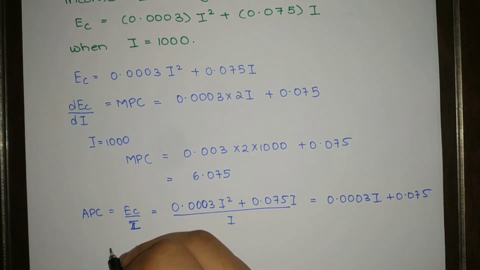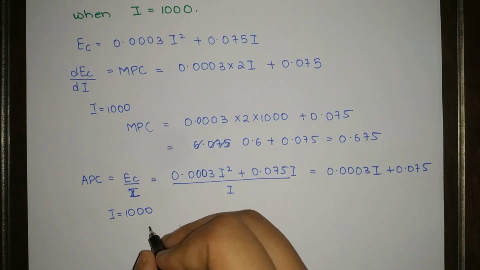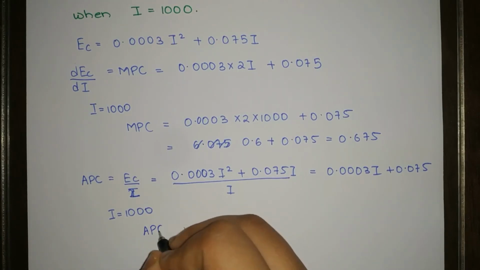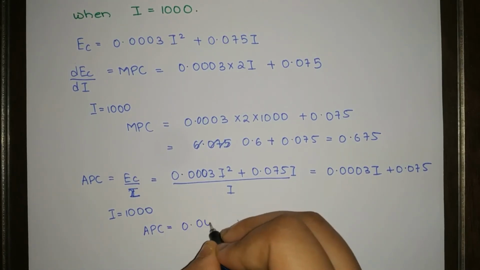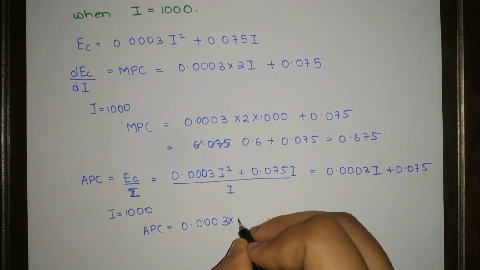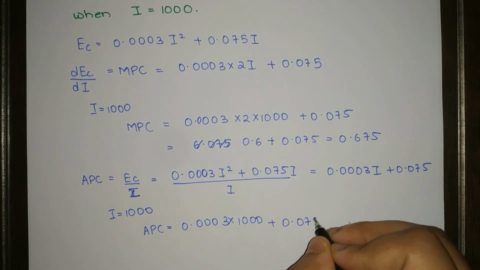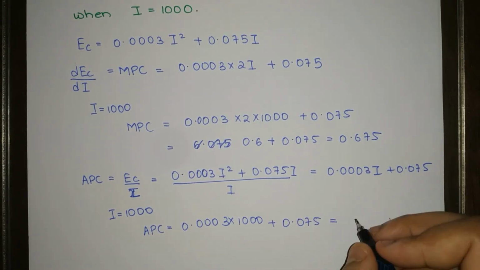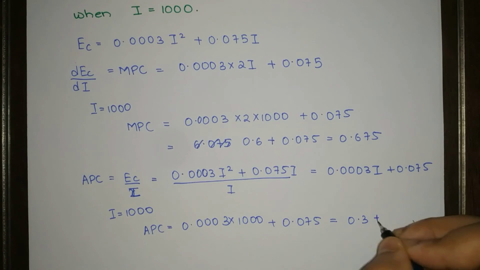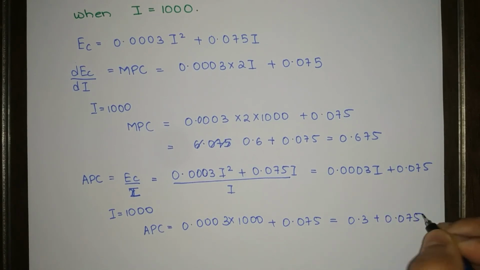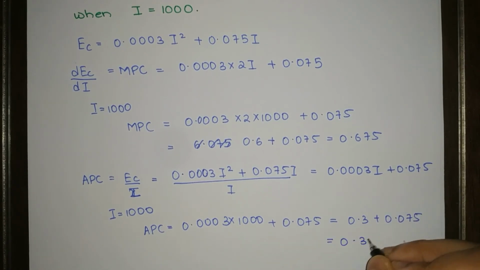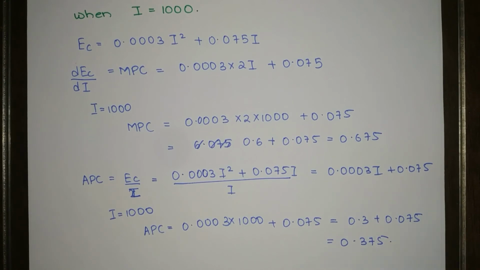And we have to find this when I is equal to 1000. So then we get that APC is equal to 0.0003 into 1000, okay, plus 0.075, which is equal to 0.3 plus 0.075, which is equal to 0.375.